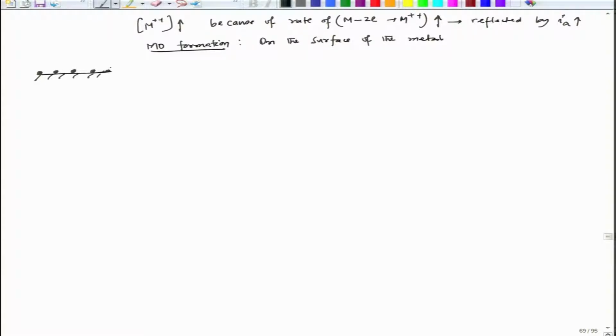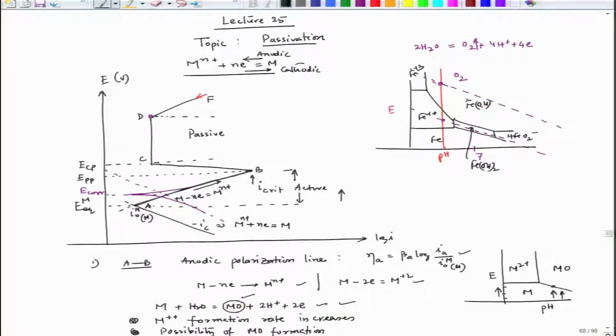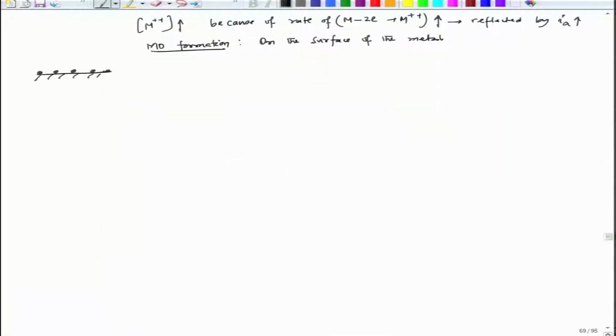Now, as we are going to higher and higher polarization, I am seeing that the MO amount should also increase, because it is crossing this line, it is still going further up. So, if MO formation increases, further nucleation of MO would happen, and at some point of time there could be a monolayer of MO that will form. This monolayer will cover up the metal surface.